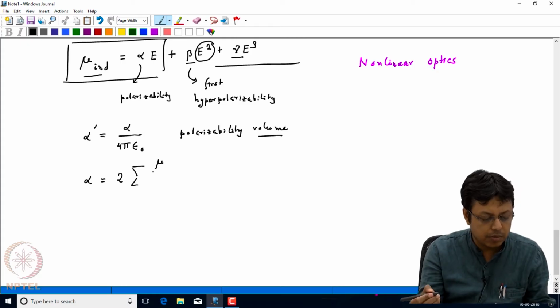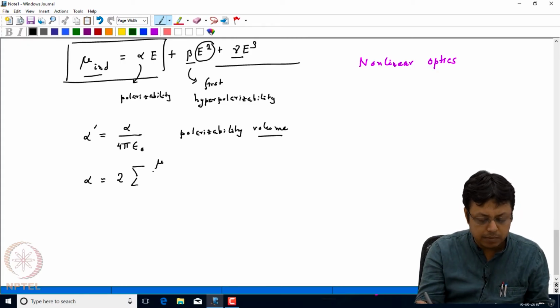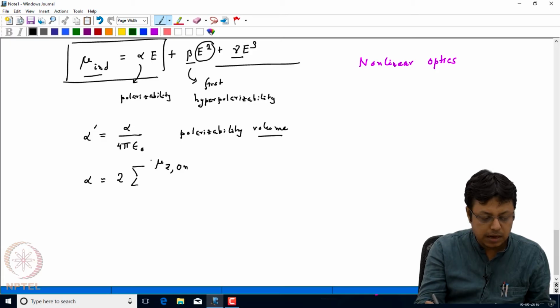Let us say we are talking about the z component of the dipole moment, and then we have mu z, and we have some 0 state. I will come back to the notation here.